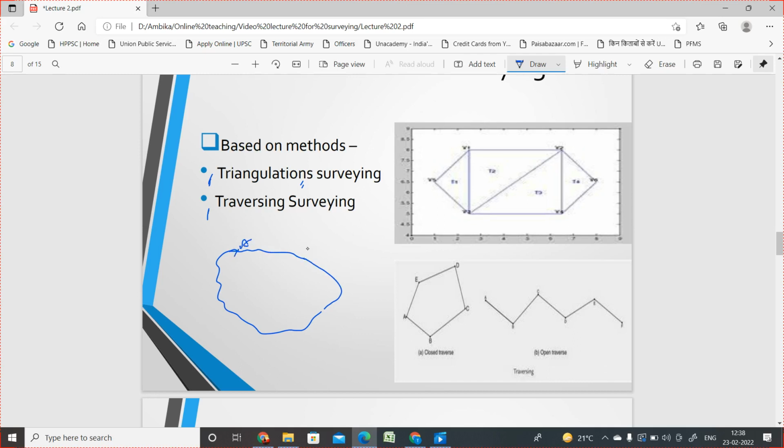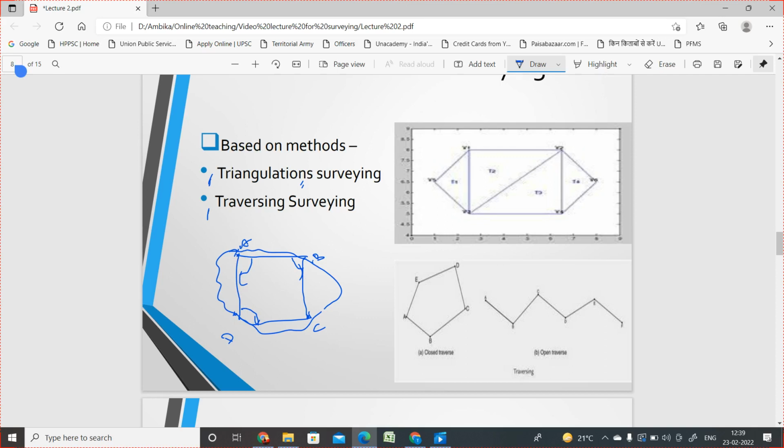This is station point A. Suppose this is point B, this is point C, and this is point D. So in that case, suppose this is the straight distance between A and B, this is B and C, and this angle is also measured between B and C. And this is D and C, and this is A and D. So these angles are also measured.